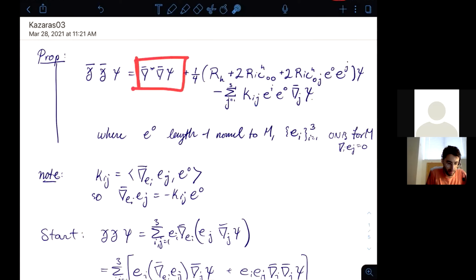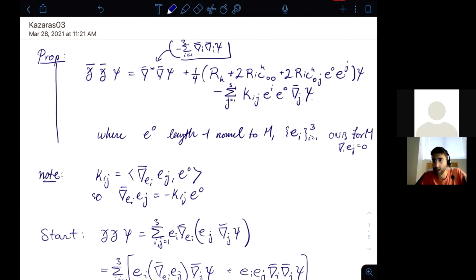Here we have a rough Laplacian, where by that star I mean the adjoint of the connection nabla bar with respect to the inner product on our manifold. But concretely, it's just minus the sum of the squares of nabla bar i on the spinor, i going from 1 to 3, where that's the orthonormal basis for TM. So that's the expected stuff.